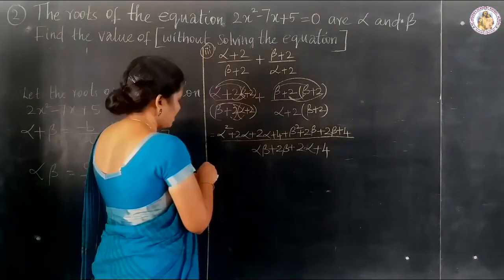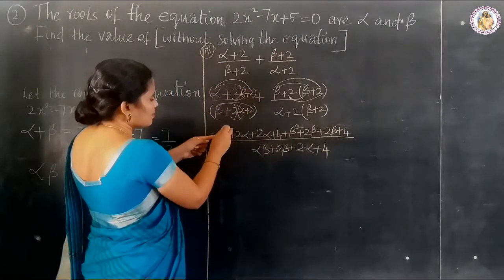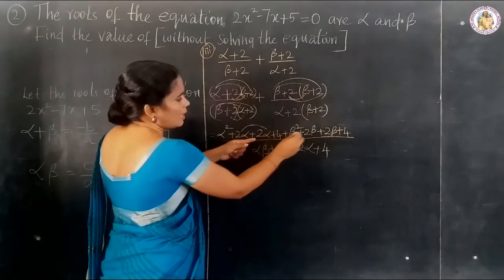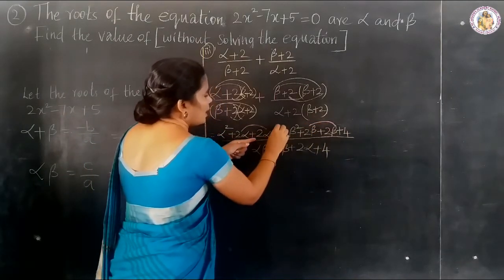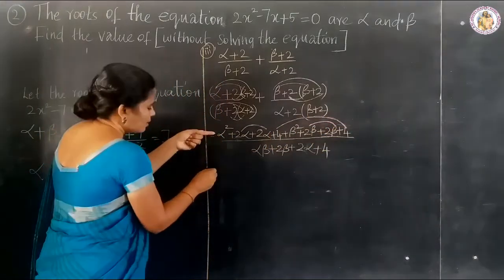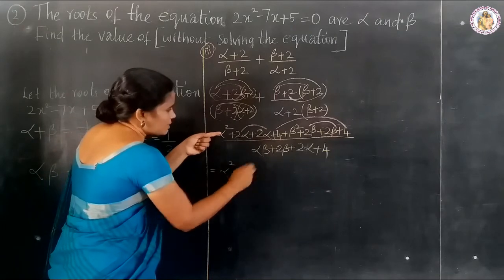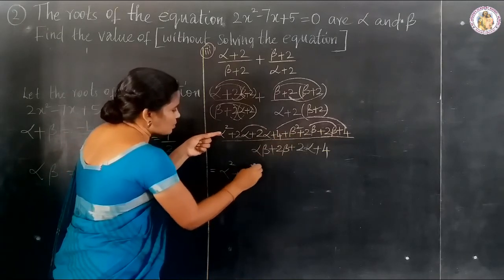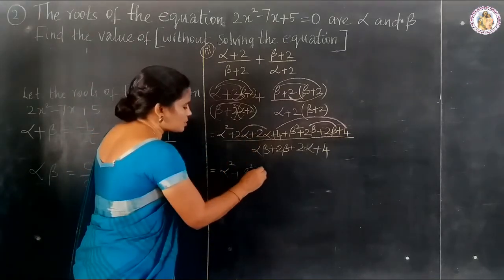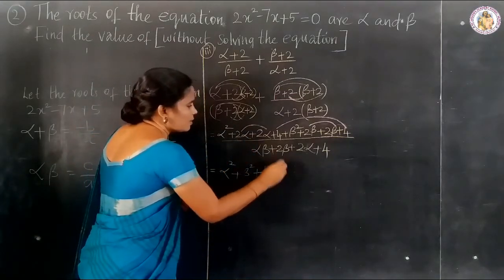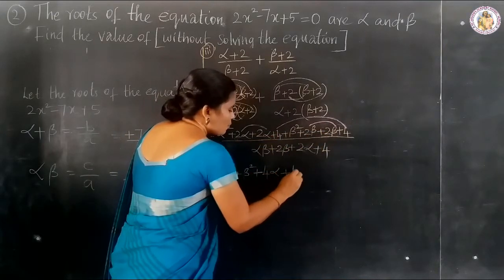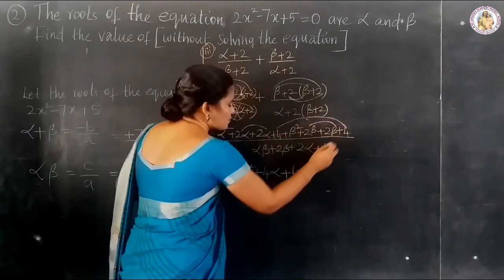Okay, now take the like terms: 2 alpha, and here also 2 beta, and 4 plus 4. Alright, alpha square plus beta square, 2 alpha plus 2 alpha, it is 4 alpha, and 2 beta plus 2 beta, 4 beta, 4 plus 4, 8.